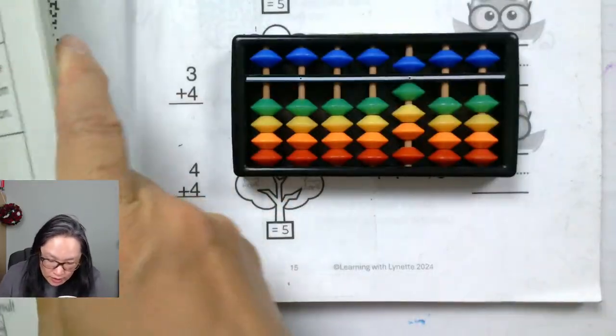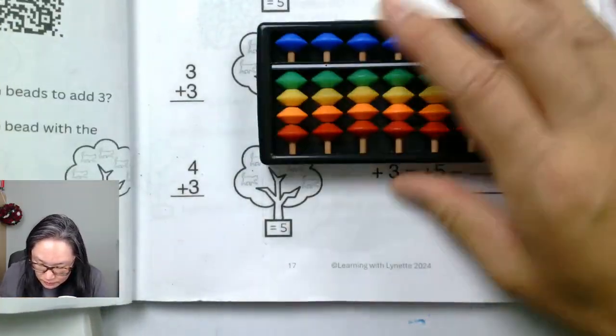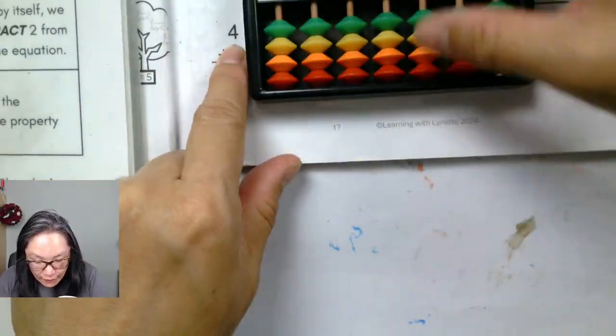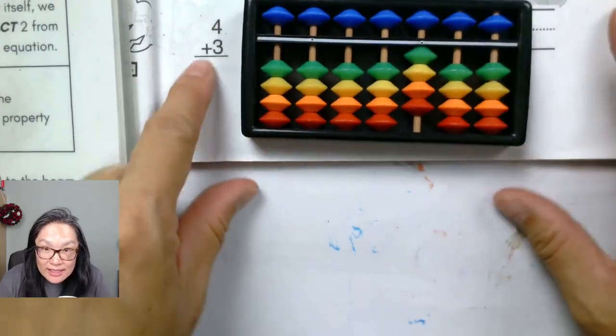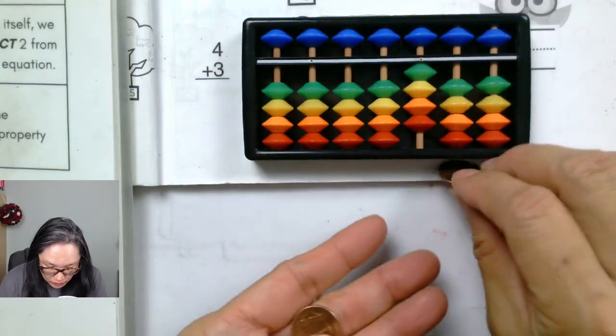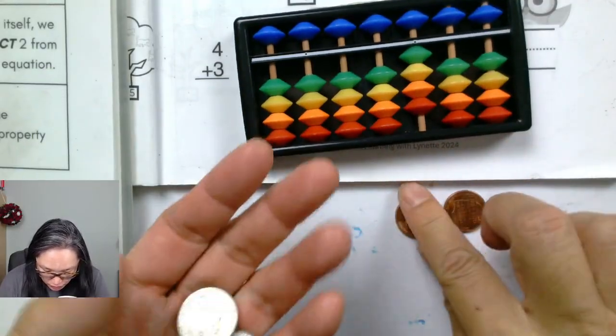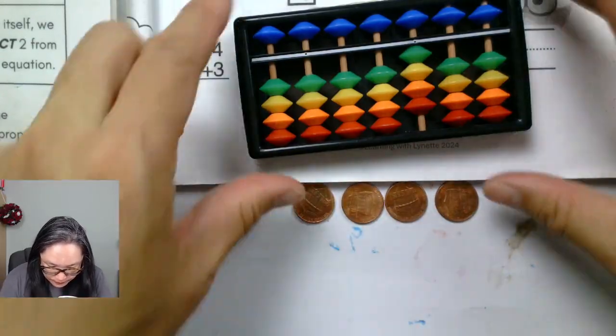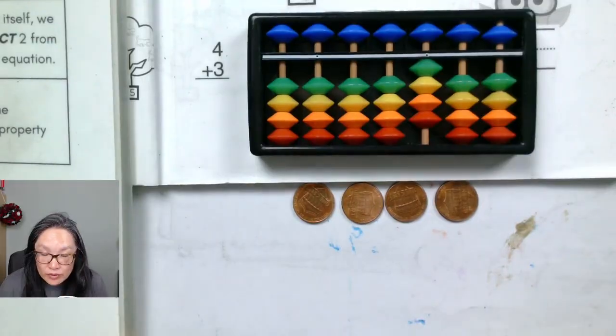When we look, my question: I have 4. 1, 2, 3, 4. I have 4. Then what do we do?